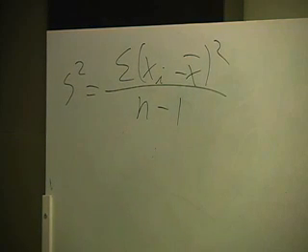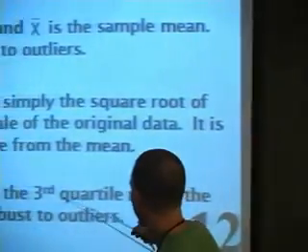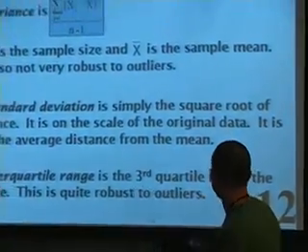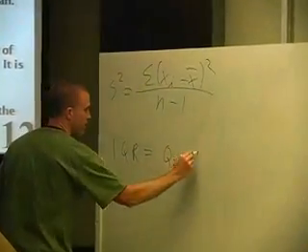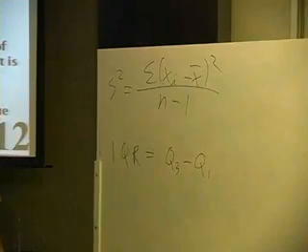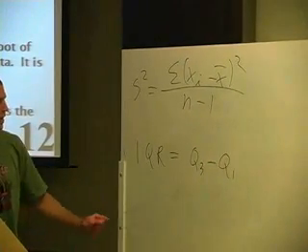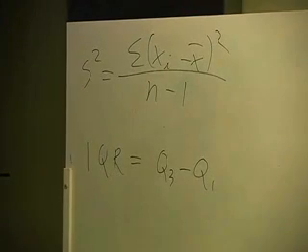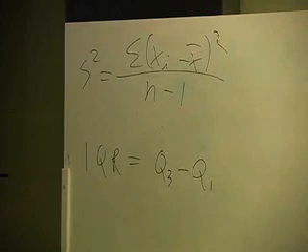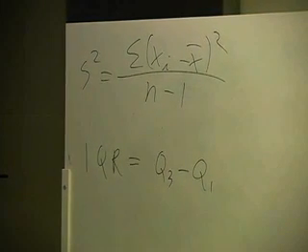One real simple thing people will use is what's called the interquartile range, or IQR, which is just the third quartile minus the first quartile. This is a nice, robust measure of spread because you can add something to the top 25% or the bottom 25%, and it won't matter. 50% of your data could be corrupt, and as long as the middle 50% is right, that's what this is computing.